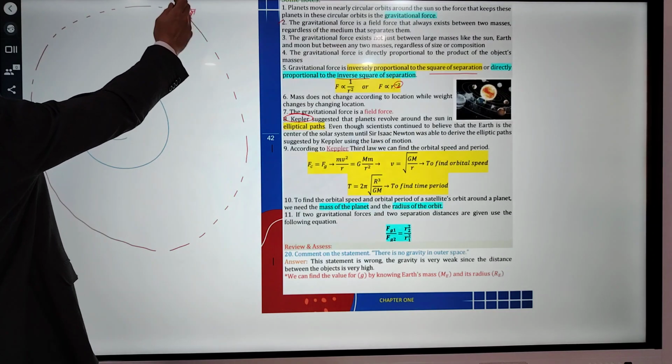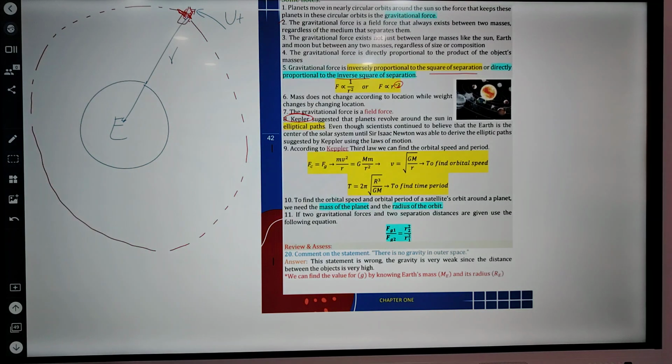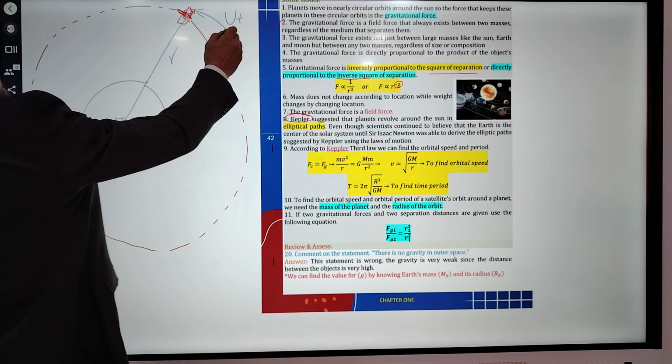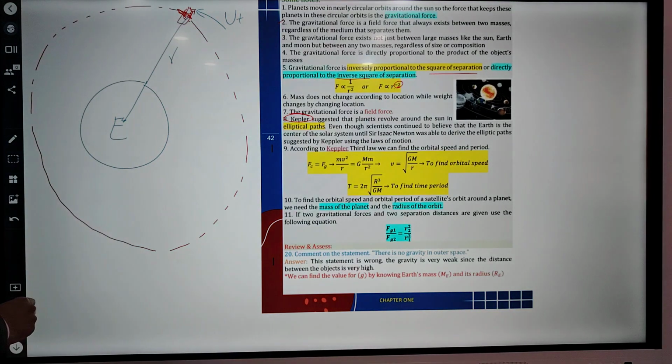The artificial satellite is moving with a tangential speed, and it also has an angular speed. What is this speed called? Call it orbital speed. How can you prove this orbital speed?